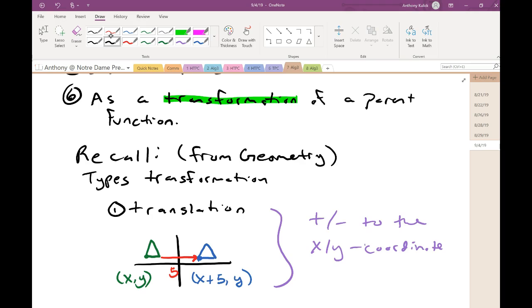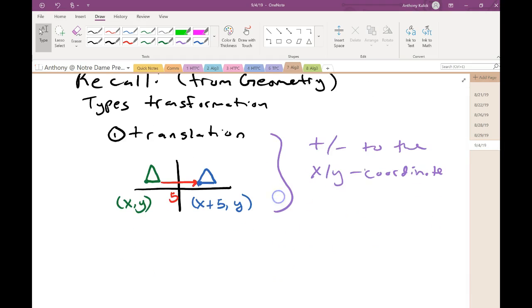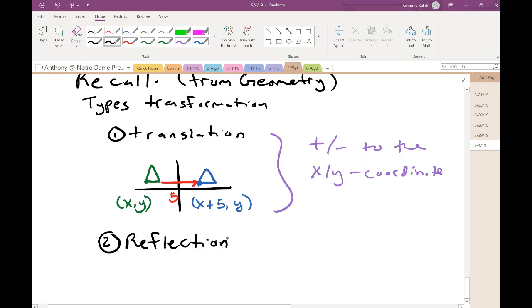Remember that from geometry last year? This was an easy to remember topic because it's usually very visual. There's not a lot of theorem built around this. The second type of transformation you would have talked about is a reflection.